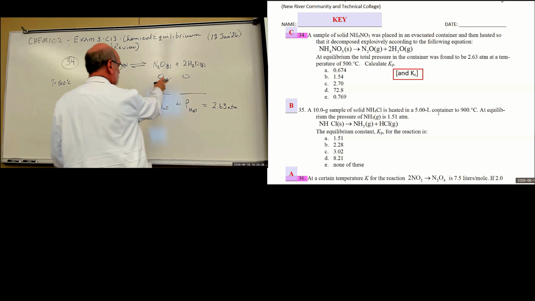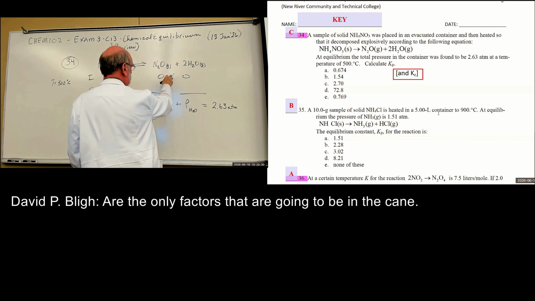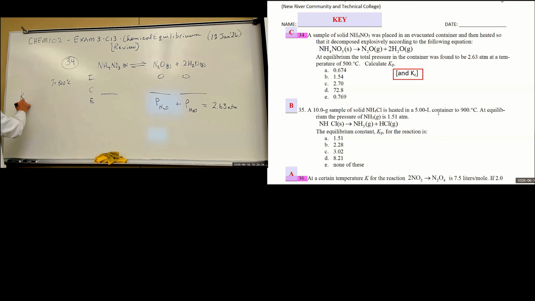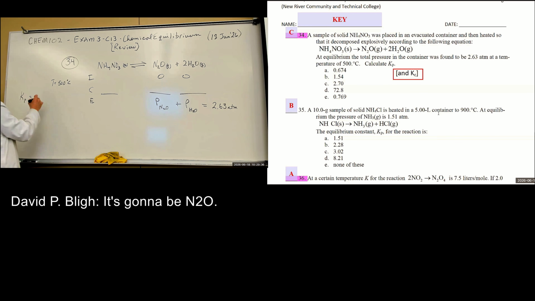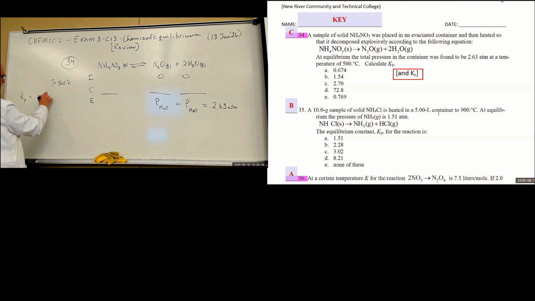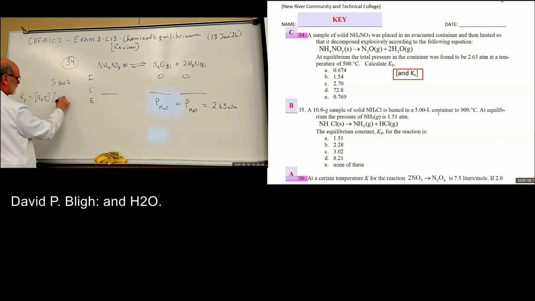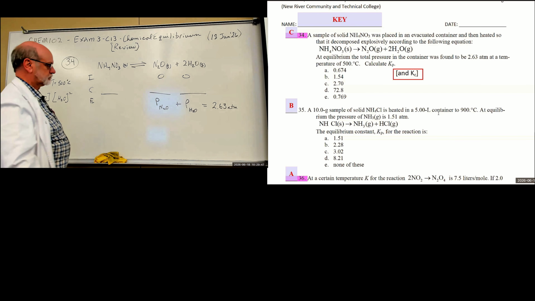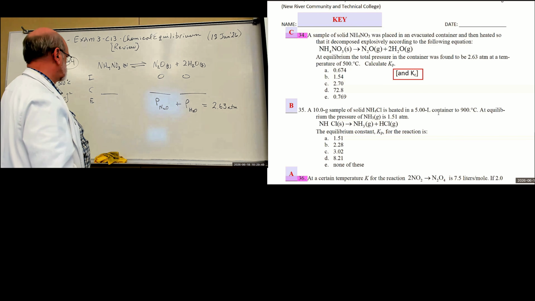Well, we know that these two are the only factors that are going to be in the K. Right. It's going to be N2O and H2O squared. All right.